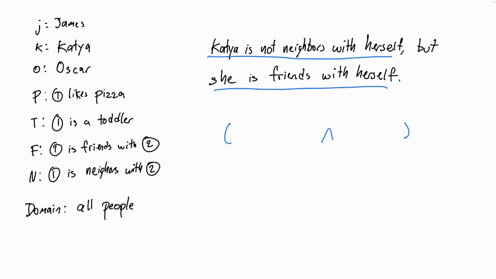So we just need to negate the claim that she is neighbors with herself. And to say that she's neighbors with herself is to say that the neighbors with relation holds between Katya and herself, which can be rendered as NKK. So we write not NKK to say that she's not neighbors with herself. To say that she's friends with herself, we then write FKK, and that completes the translation.